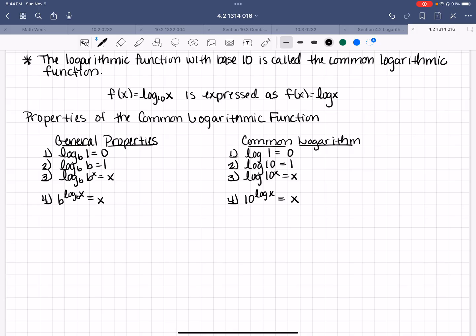Along with that common log, we also have what we call natural logs. Okay? So, natural logarithms.